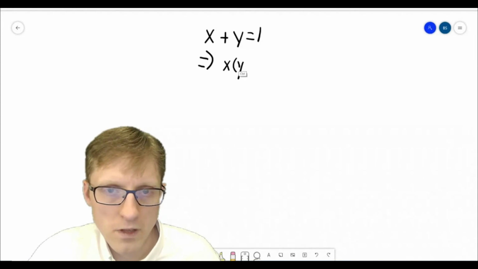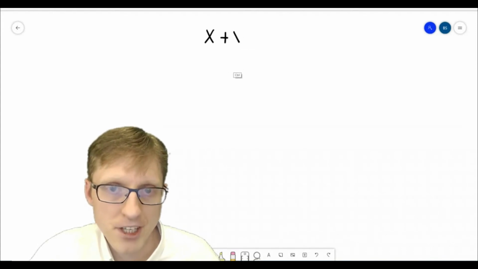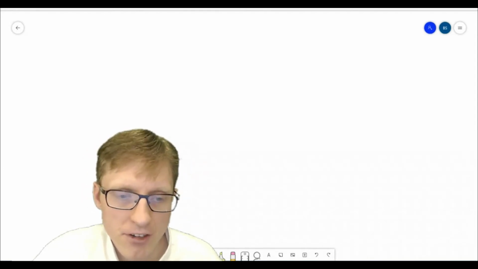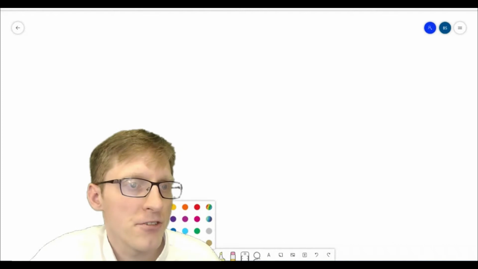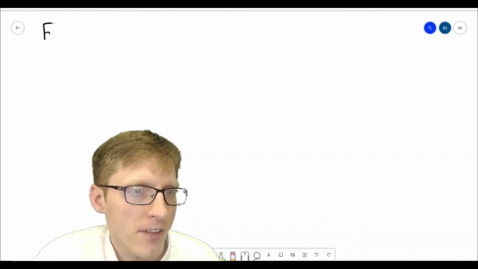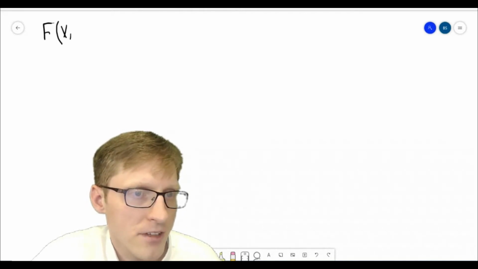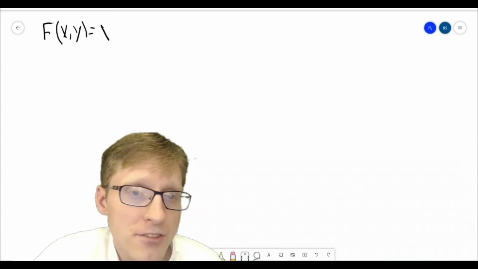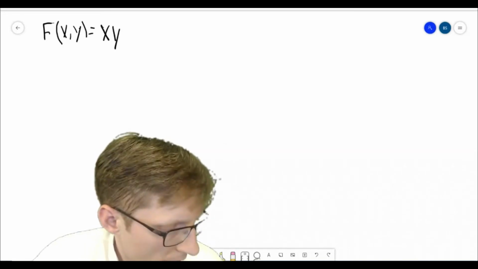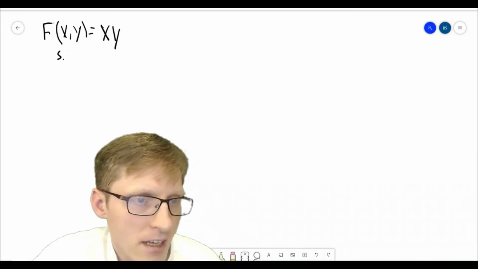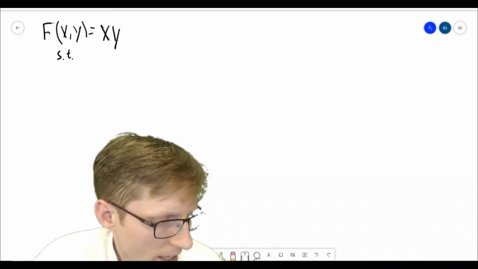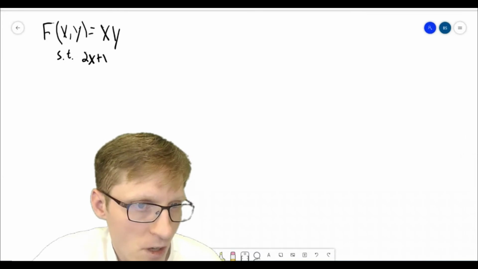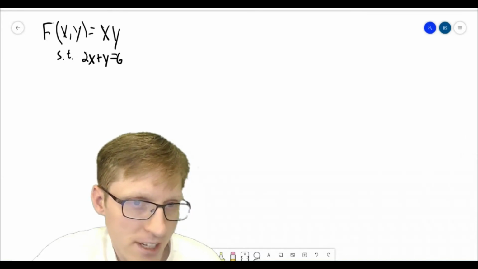So let me go over one other problem where I actually go through all the steps of maximizing a function subject to a constraint. So let's assume, over here, that the function that we're trying to maximize is equal to x times y. And the constraint is that 2x plus y is equal to 6.